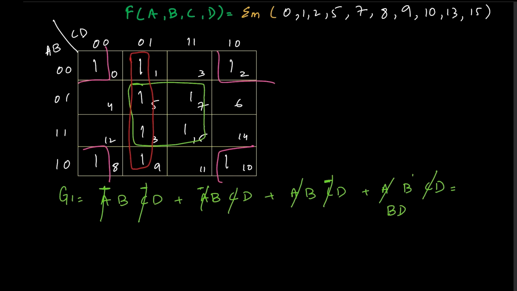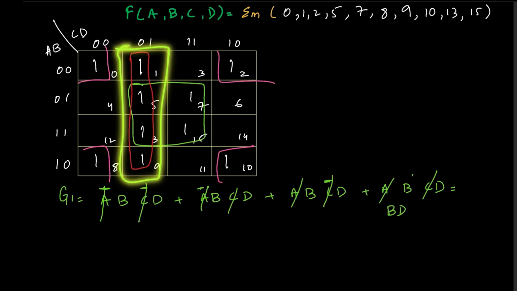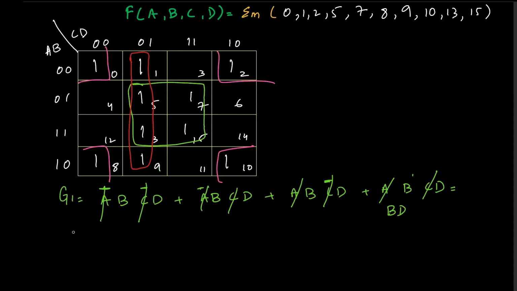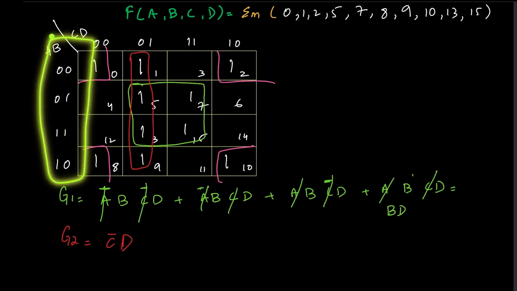Now let's solve the red group. Call it group 2. Just by looking at it, we can write C dash D, because we can see that A and B are constantly changing their values, from 0, 1 to 1, 0 to 1, 1.